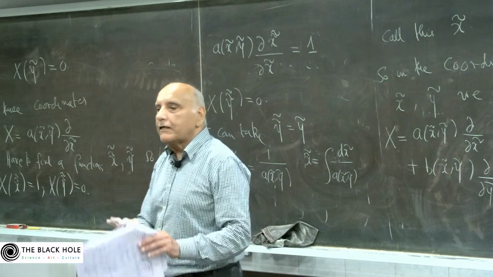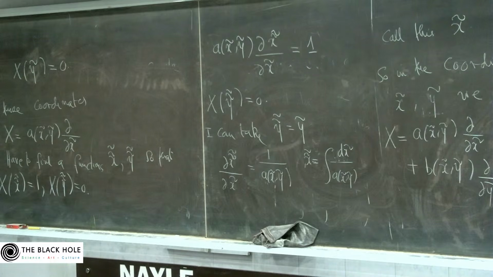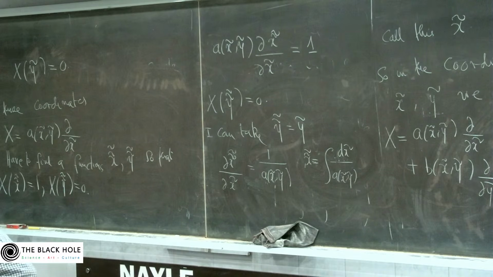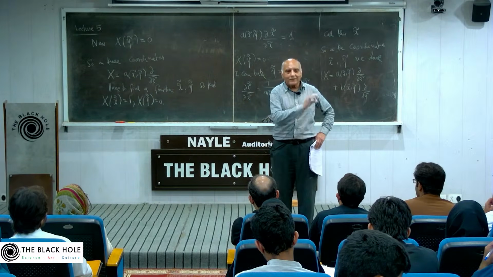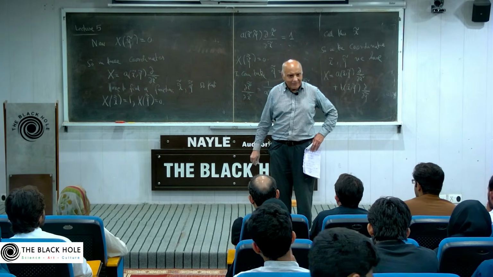So in these coordinates I have completely straightened out my vector field, and this is a constructive method. In books there are of course theoretical methods, but this is really very constructive as long as you can solve for characteristics.